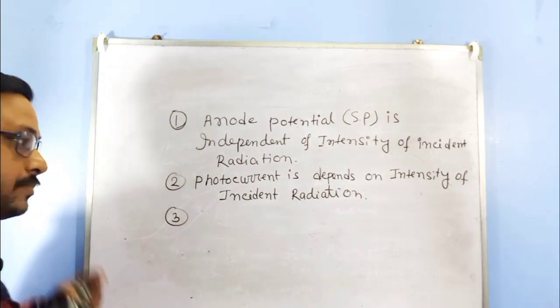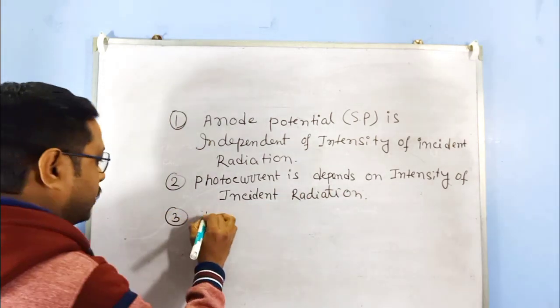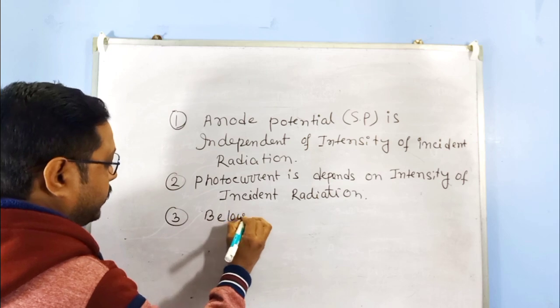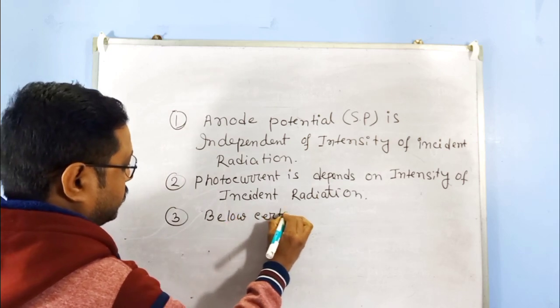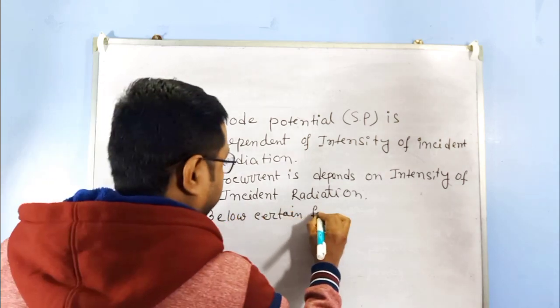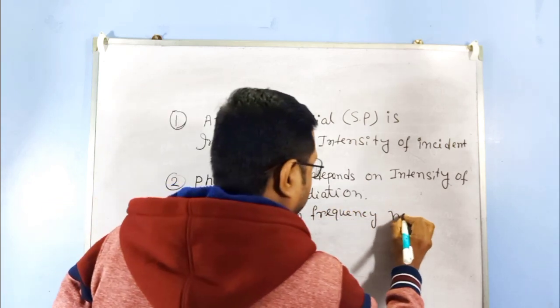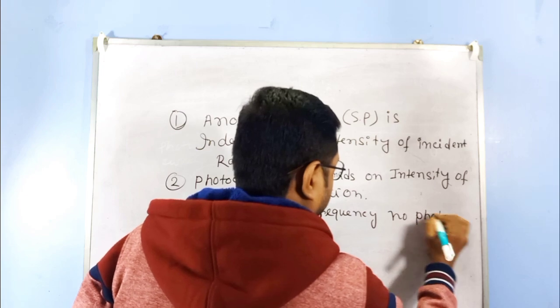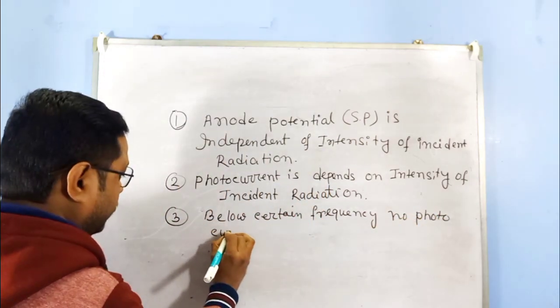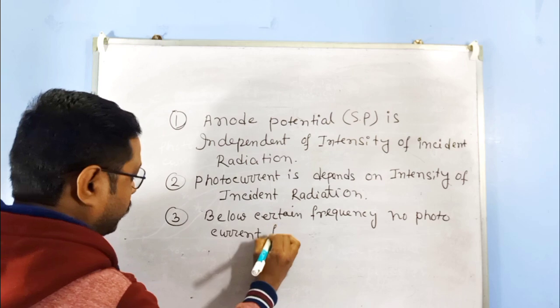Number 3, below a certain frequency no photocurrent flows.